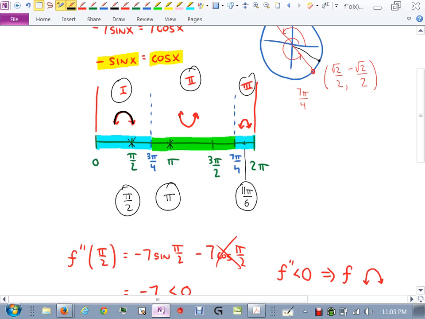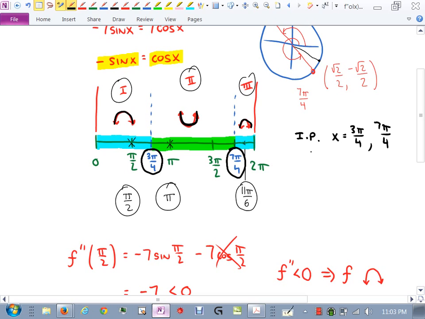Here I go from down to up. That happens at 3 pi over 4. Then on the next one, I'm up over here and I go down here. That change happens at 7 pi over 4. So my inflection points are happening at x is 3 pi over 4 and also at 7 pi over 4.